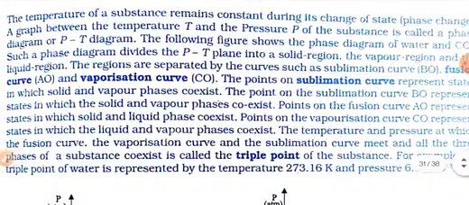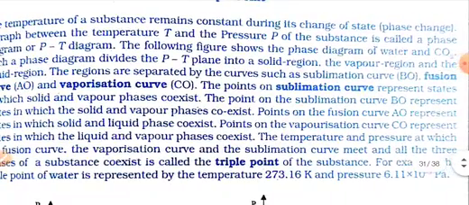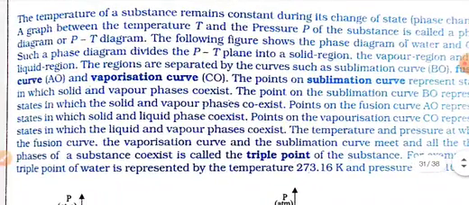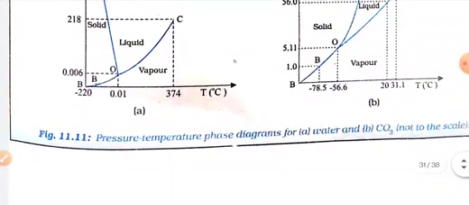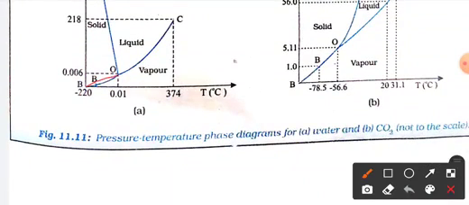The points on the sublimation curve represent states in which solid and vapor phase coexist. These points, from B to O, are within these temperature limits and these pressure limits.